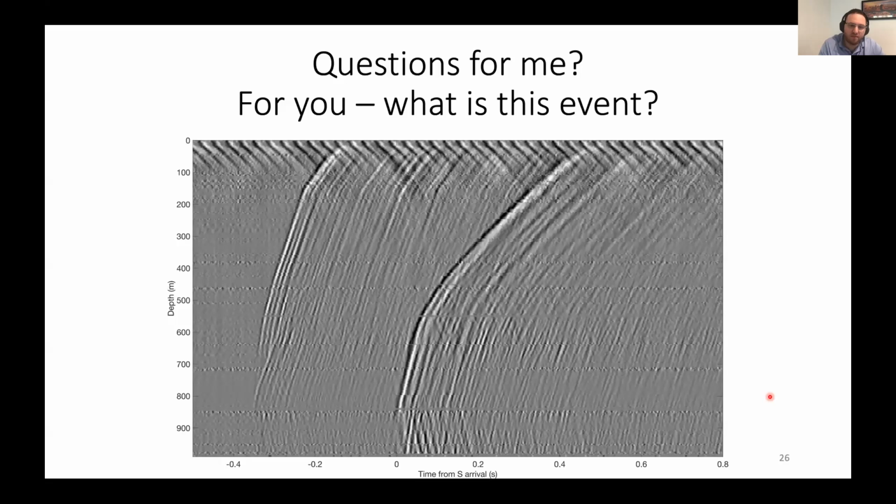I don't know if it's hosted anywhere else, but if you're interested, I uploaded all the earthquakes that we found in SAFOD, because we also ran a detection algorithm in SAFOD, which I didn't show the results of. We found something like 25 earthquakes, and I uploaded all of them to my GitHub page with the catalog.